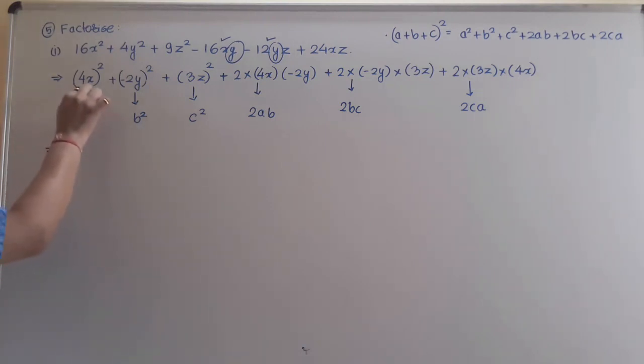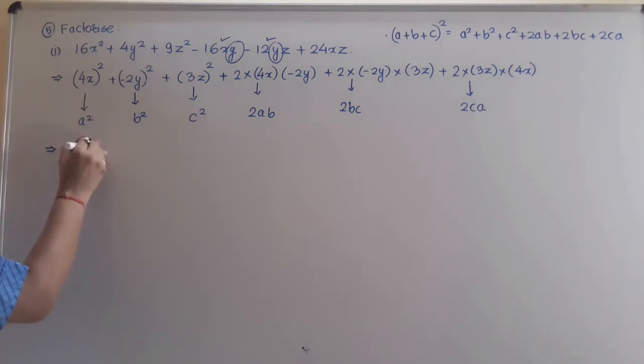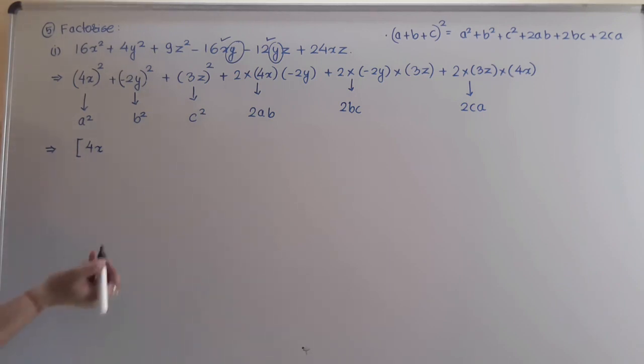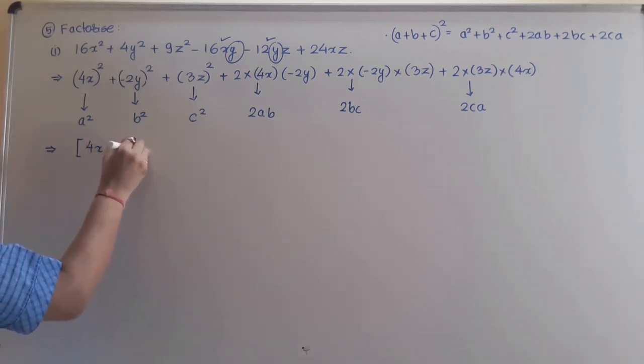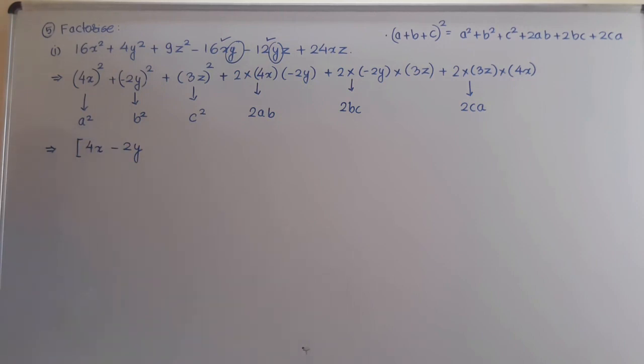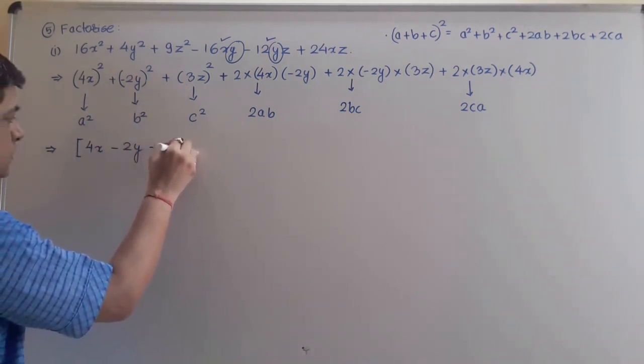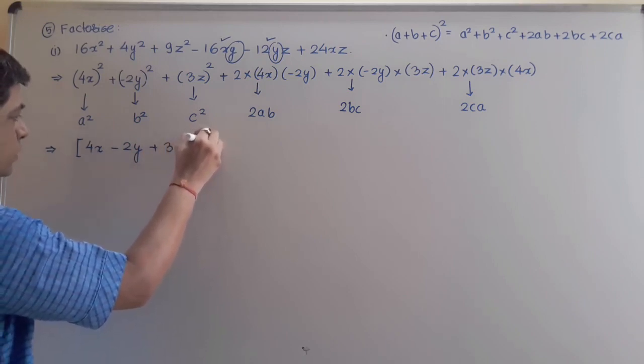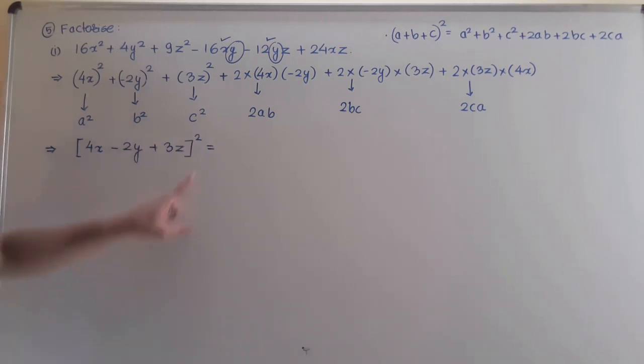So what is a here? A will be equal to 4x. Then b will be equal to minus 2y, since plus and minus will definitely give minus. So I can write down minus 2y. And c will be equal to 3z. So plus 3z whole power 2. Since power 2 is coming, this factor comes 2 times.